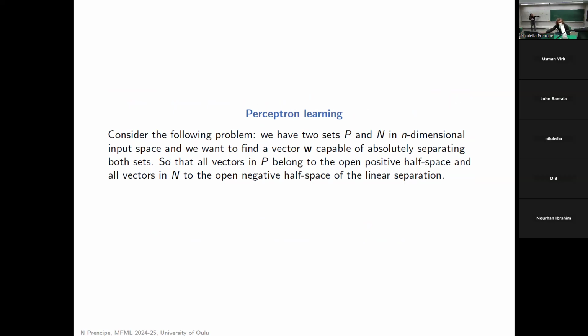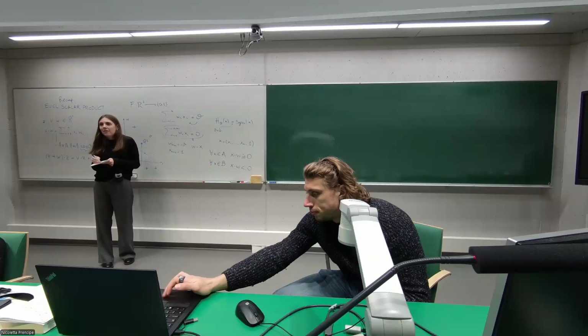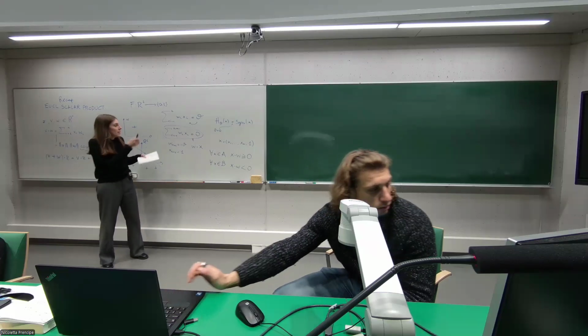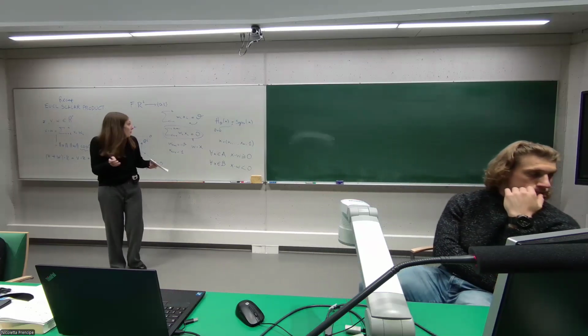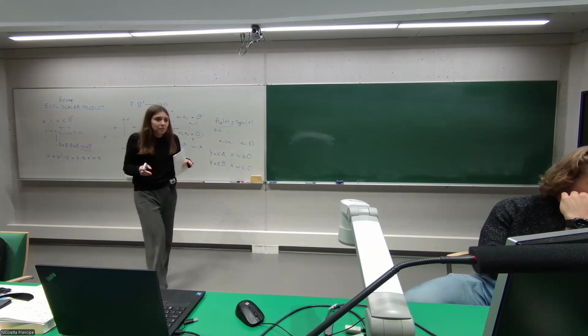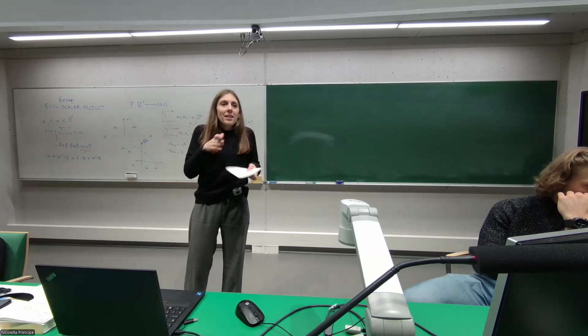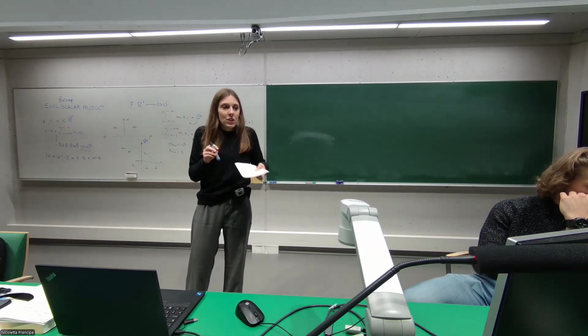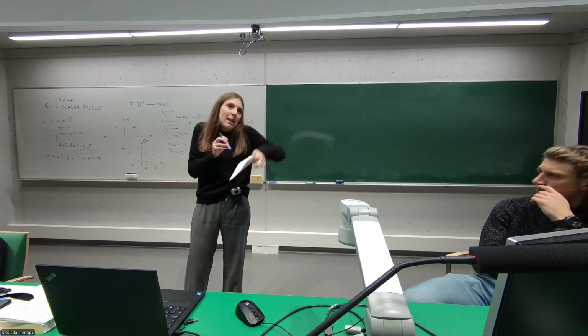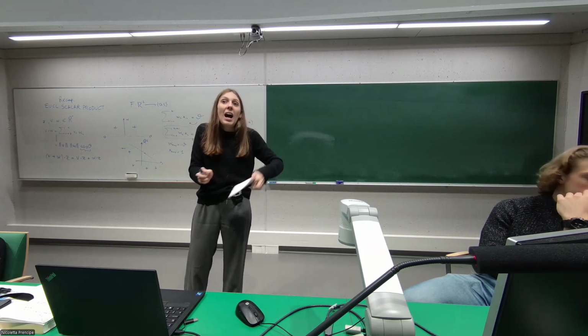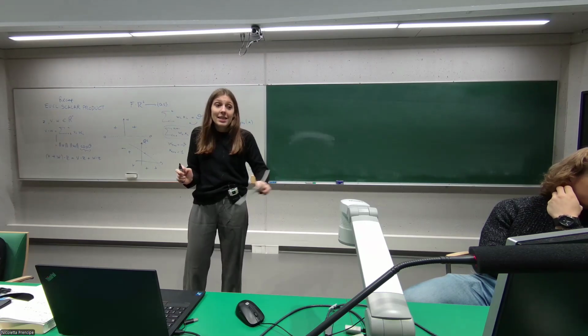The coefficients W are the normal vector to the plane. We want to find a vector W such that the hyperplane associated to it absolutely separates the sets P and N.